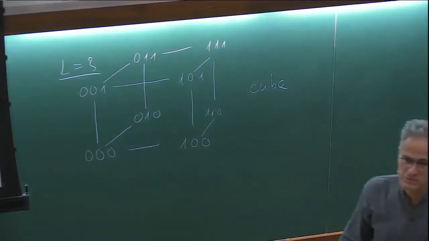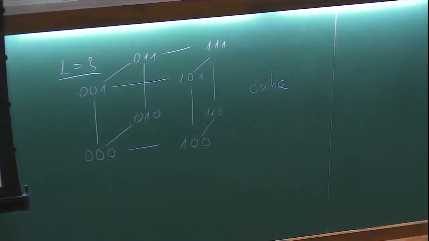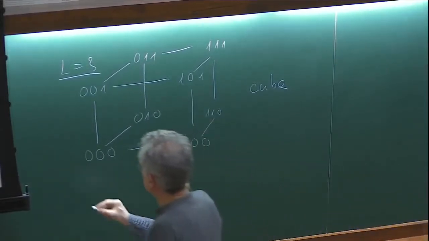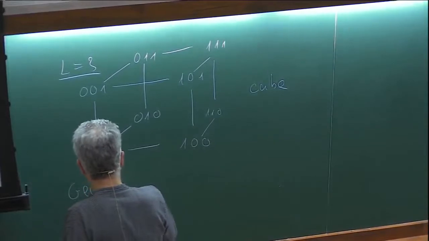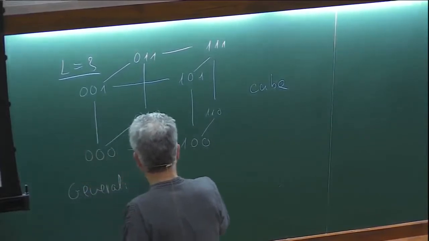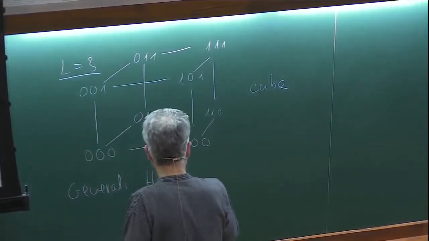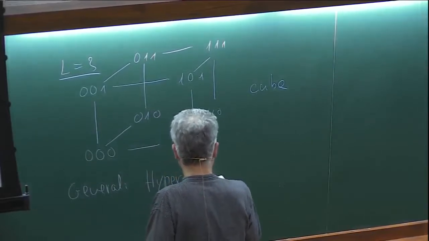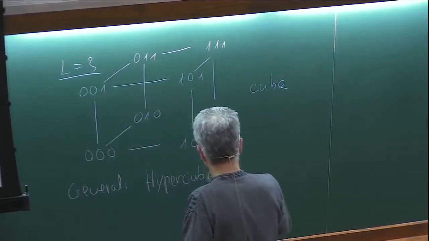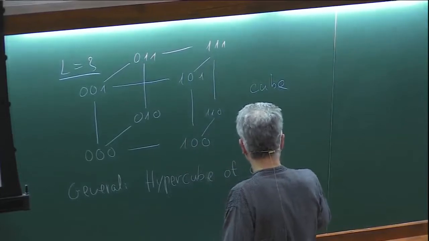So for L equal to 3, we get a cube. And so for general L, these things are actually called hypercubes. Okay, so for general L, these sequence spaces are hypercubes of dimension L.